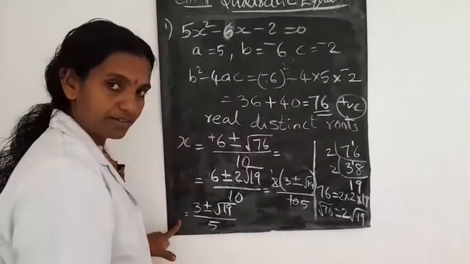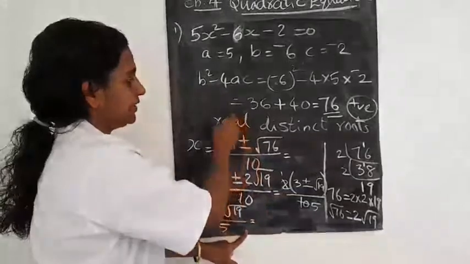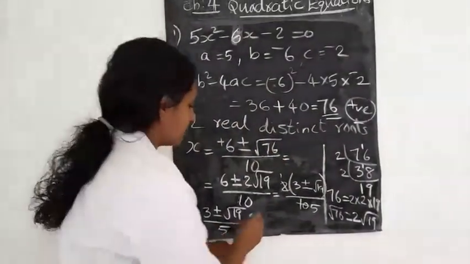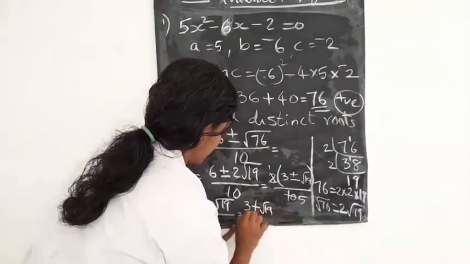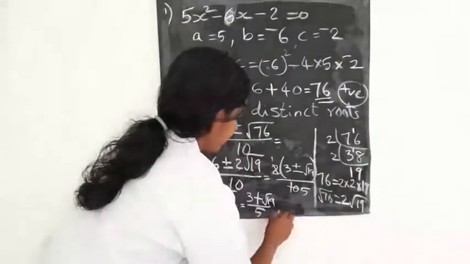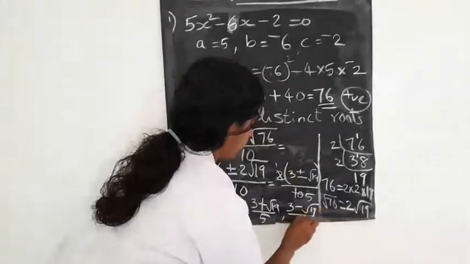Is it okay? Now we have to separate the two real values. You have written here two real and distinct roots. Which are the two values? First we write 3 plus root 19 by 5. The second one is 3 minus root 19 by 5.